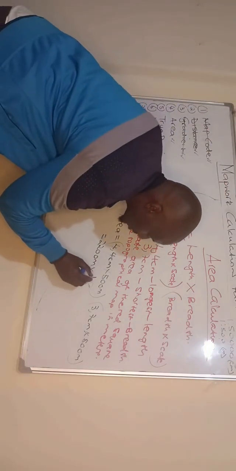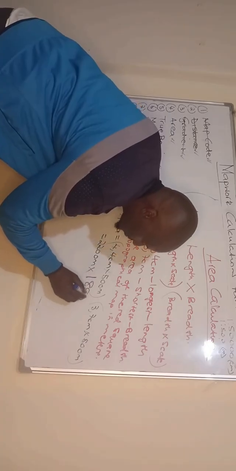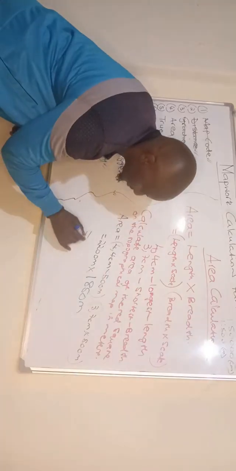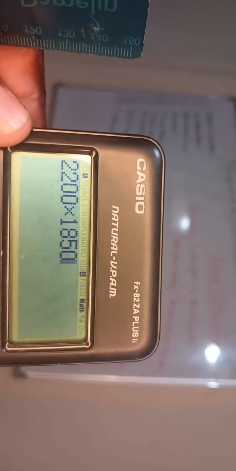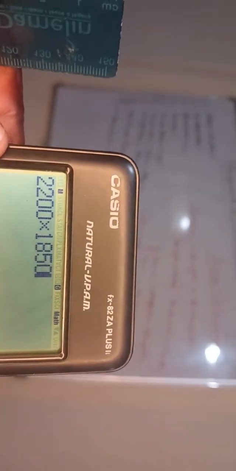Let me use another color, this one is a little bit faint. 1,850 meters. Okay? We are not yet done. So we now have 2,200 multiplied by 1,850. All right.